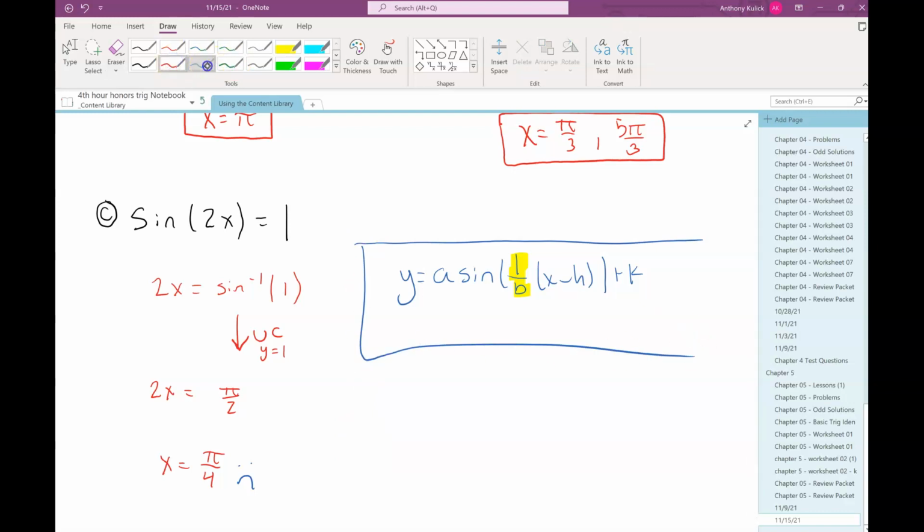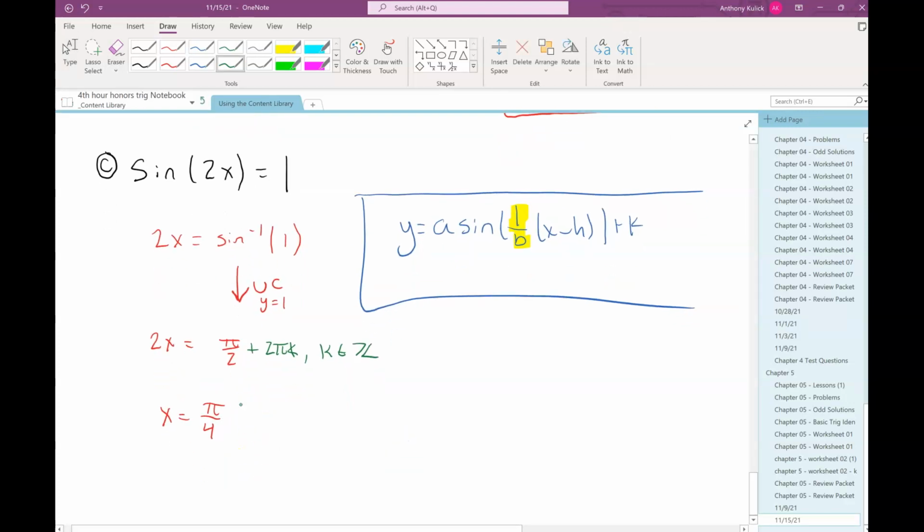Here's the fix. We're going to do this like an infinite solutions problem. So as soon as we use our inverse, instead of writing a single solution or the solutions that we pull from the unit circle, we're going to represent each solution as an infinite solution.